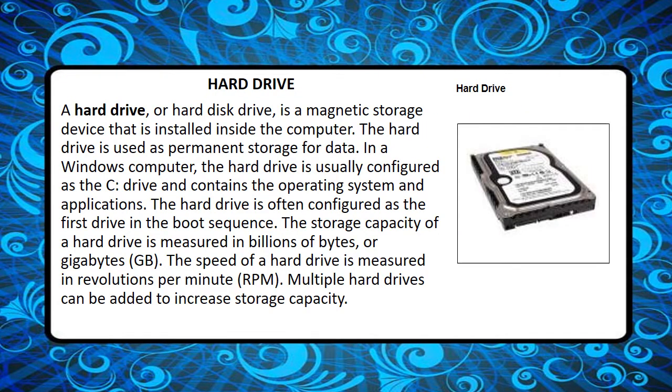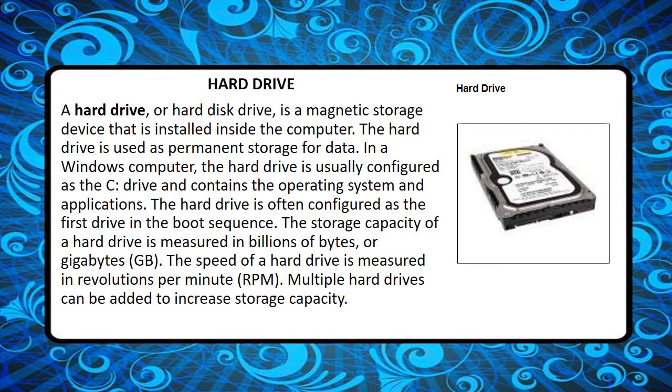Next, we have the hard drive. A hard drive or hard disk drive is a magnetic storage device that is installed inside the computer. The hard drive is used as permanent storage for data. In a Windows computer, the hard drive is usually configured as the C drive and contains the operating system and applications.